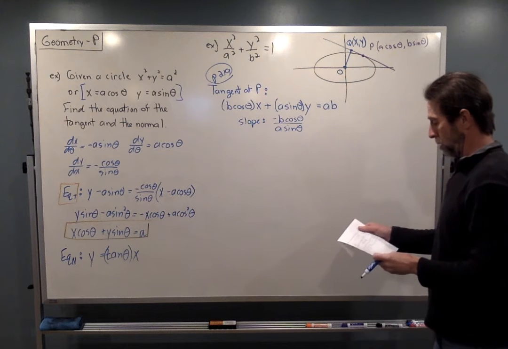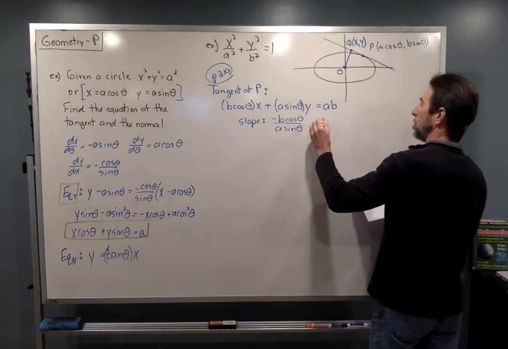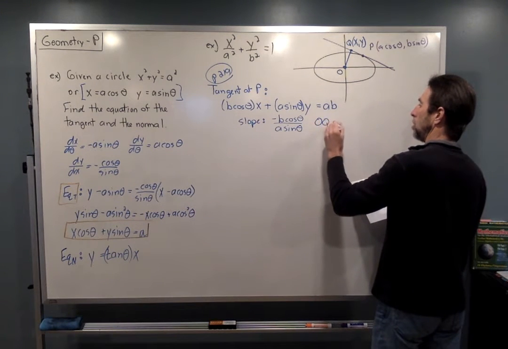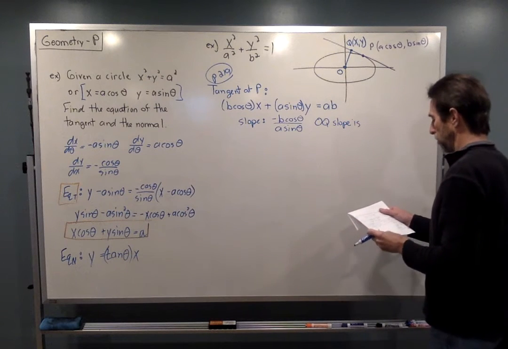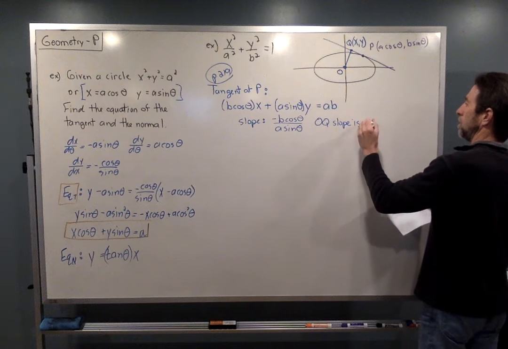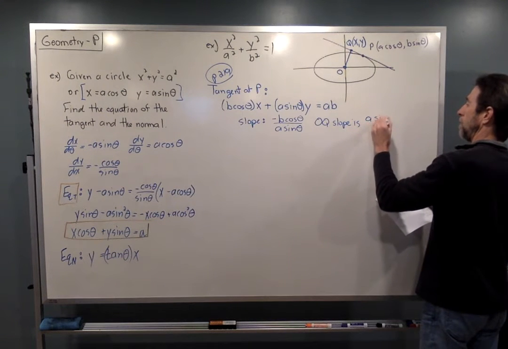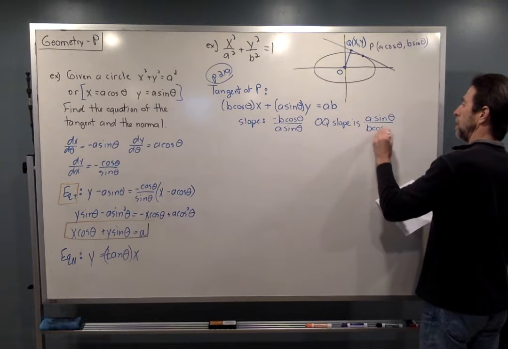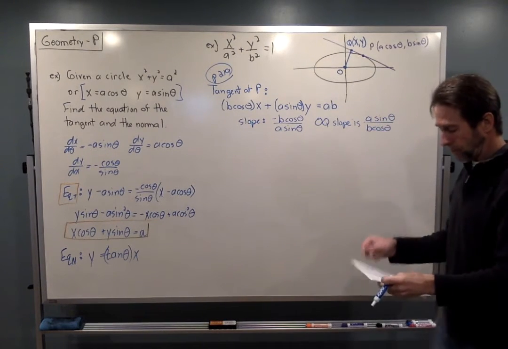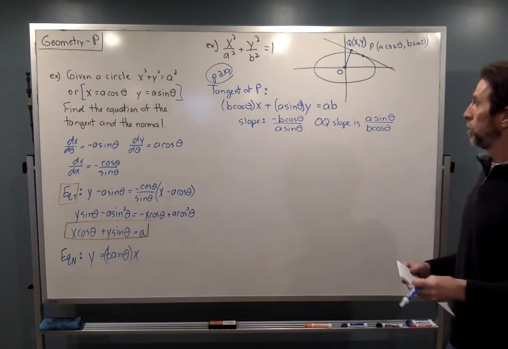Again, this is just some equation of a line. So OQ, slope, is of course going to be the reciprocal because we want it to be perpendicular. So A sine theta, B cosine theta. So that's what we have up to this point.